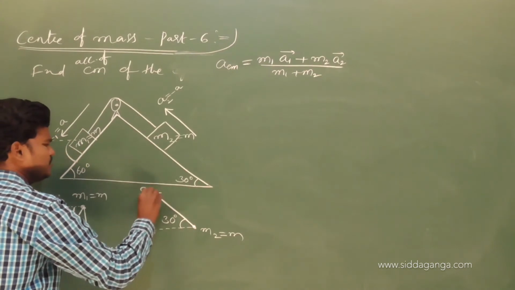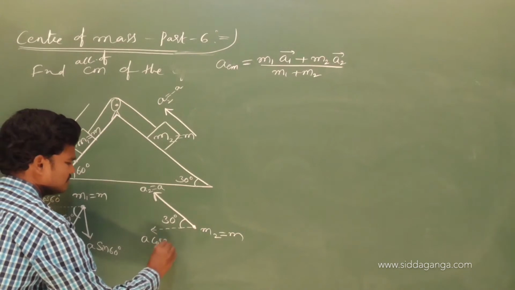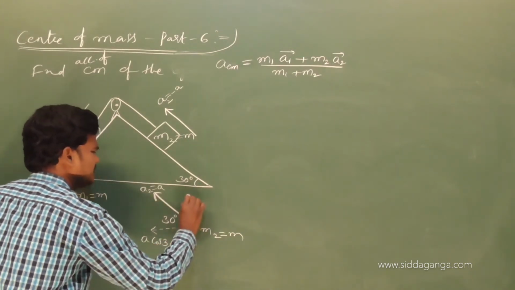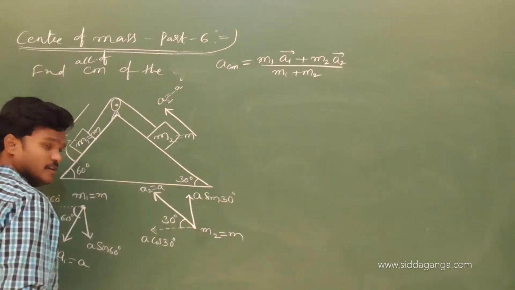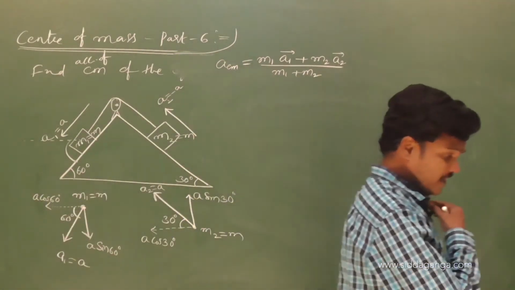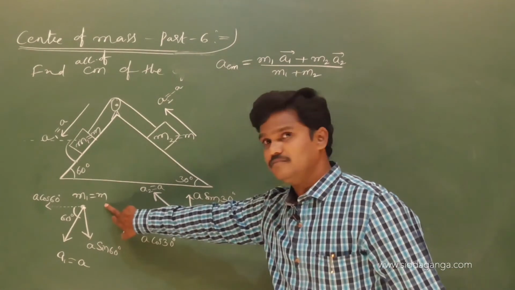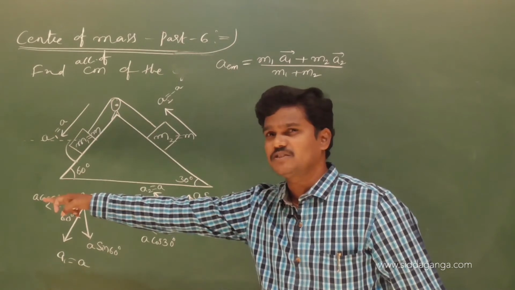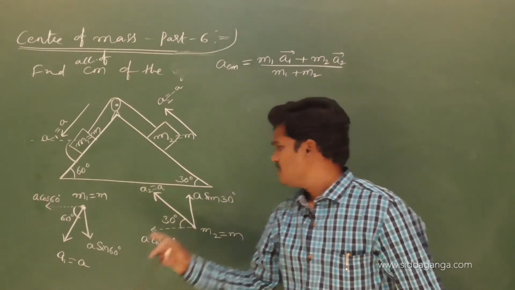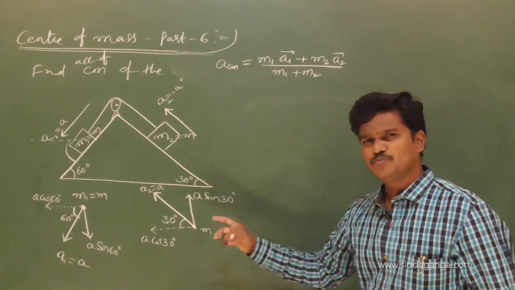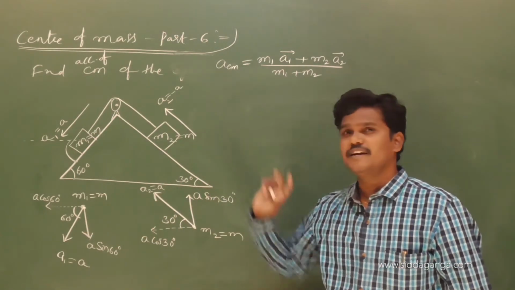So a2 is equal to A, and this is A cos 30, and this is A sin 30. So a1 and a2 are resolved into two components. For block 1, A cos 60 and A sin 60. Coming to block 2, of course both are identical: A cos 30, A sin 30.